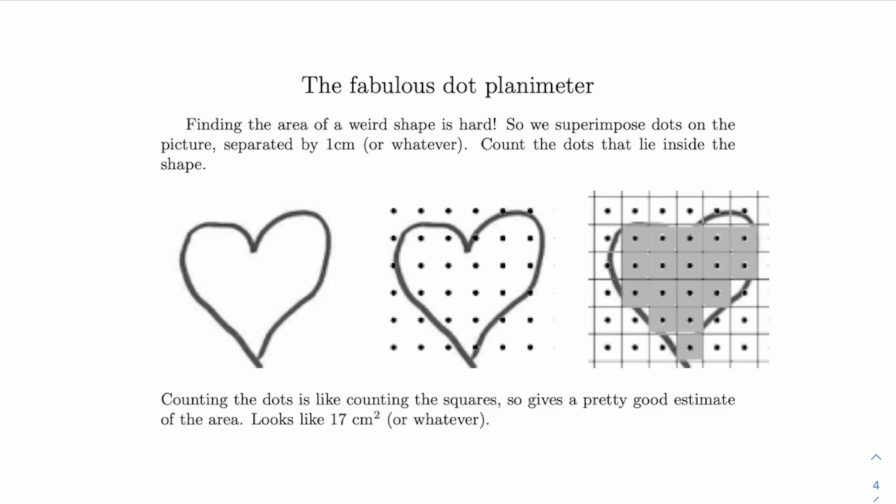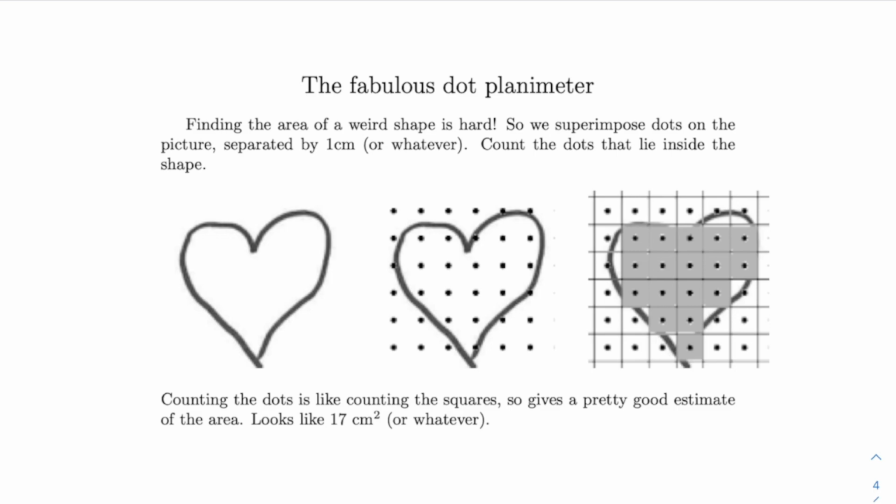You can imagine the dots lie inside squares that are like 1 square centimeter, or 1 square inch if you prefer. And then all you've got to do to find the area of this thing is count up the dots that are inside of it. That's how the dot planimeter works. It's a very, very simple idea, but it actually works fairly well.